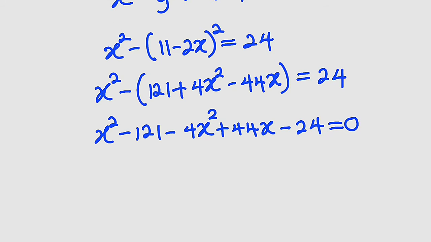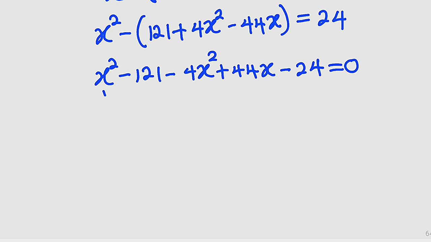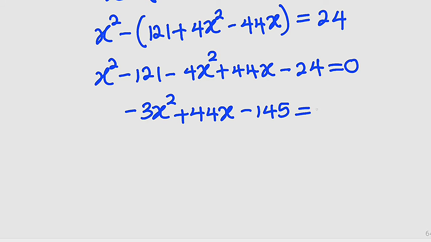This is equal to 0. x squared minus 4x squared will give us negative 3x squared. We have plus 44x. Then minus 121 minus 24 will give us minus 145. This is equal to 0.